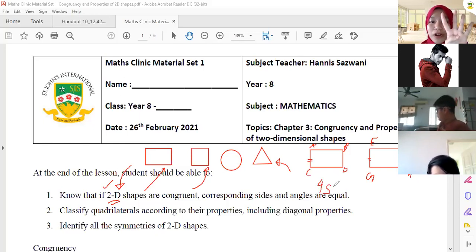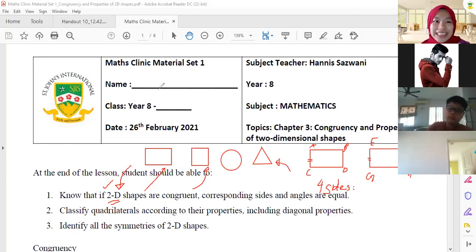You can jot down, get ready with A4 paper or mathematics book. Four-sided shape, you call quadrilateral. Their properties: different types of quadrilateral will have different properties. We will look into it right after this.